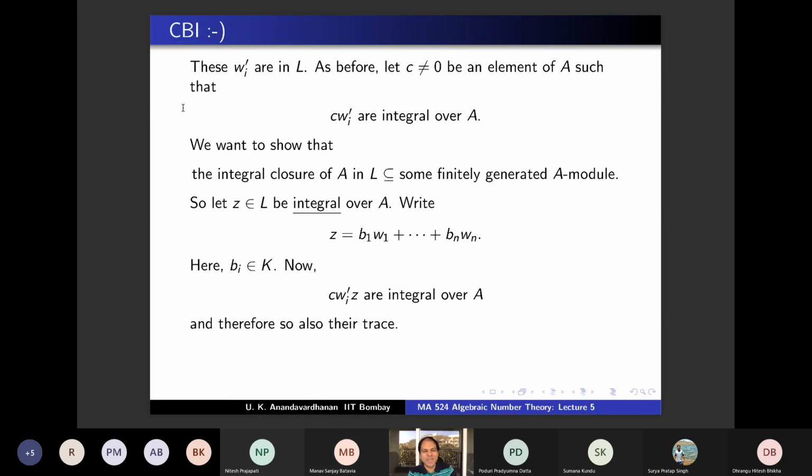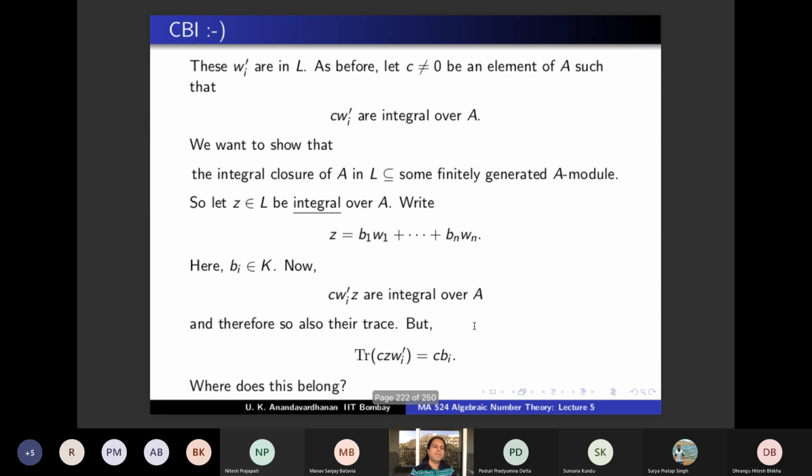So remember this: the trace of C Z Wi prime is C Bi. This is clear because you are multiplying Z by C Wi prime, so C Wi prime is multiplied in every term. B comes out, so C Wi prime Wj, and that traces to delta ij. So only the ith term will remain, and there you will get a 1. So Bi will come out. So it is C Bi.